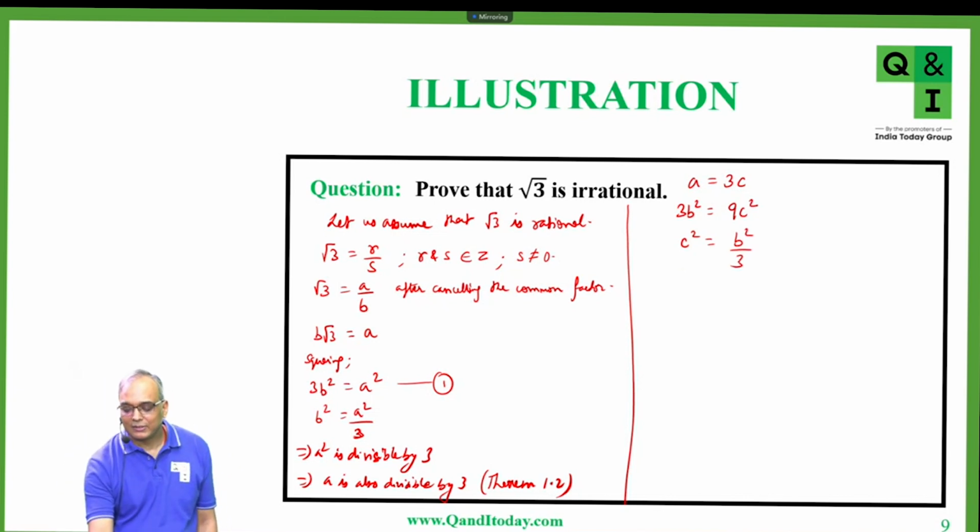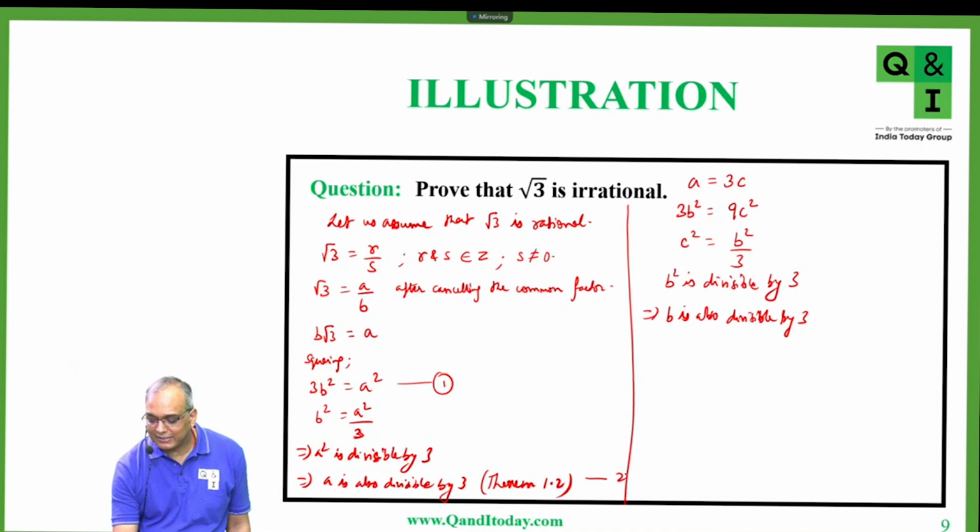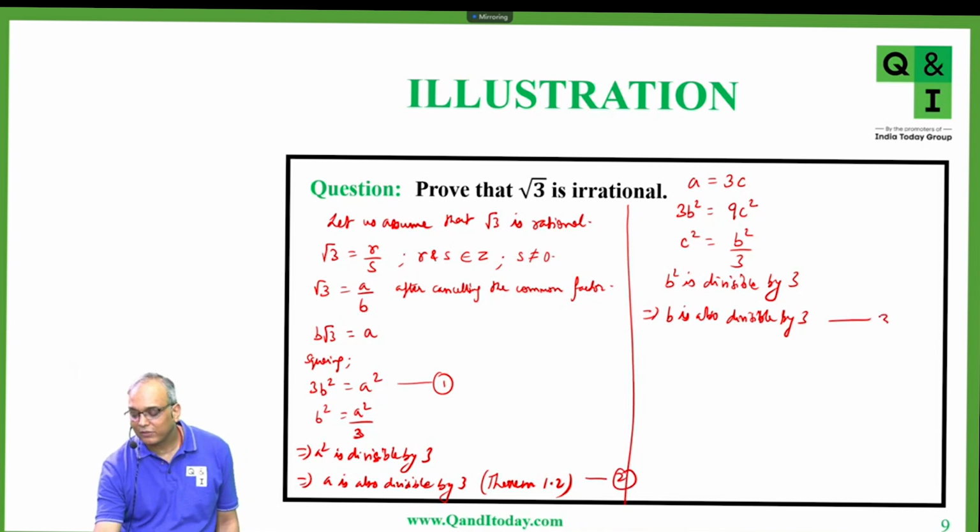Now this means that b square is divisible by 3, or b is also divisible by 3. So now see, a is divisible by 3, this is your second equation. b is also divisible by 3, this is your third equation.